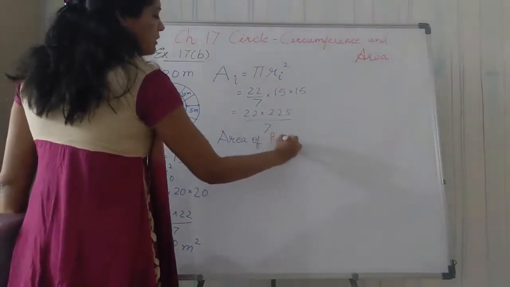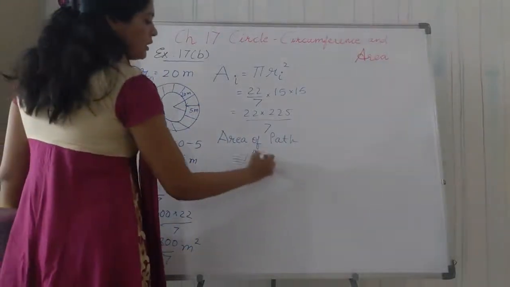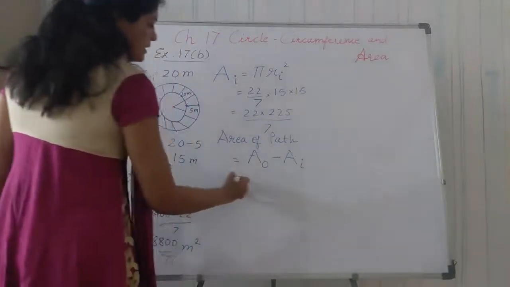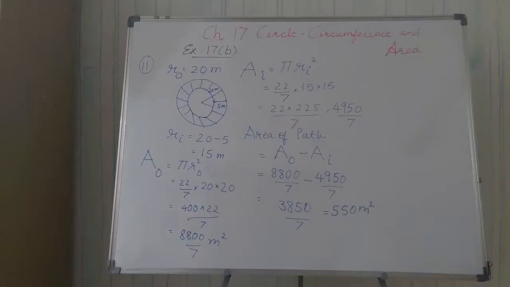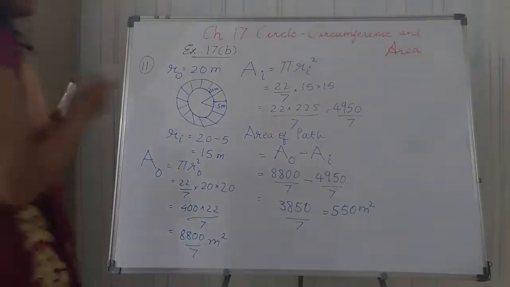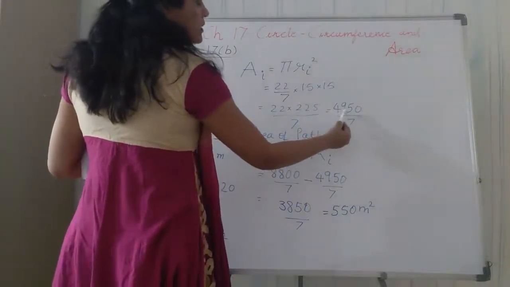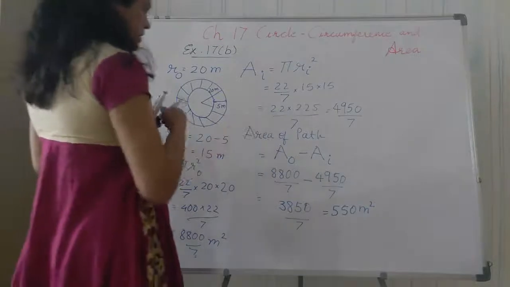Area of path which is asked in the question. So for that, what we do? Outer area minus inner area. So let us find this value first. So here I get my answer of 22 multiply 225 is 4950 by 7 in meter square.